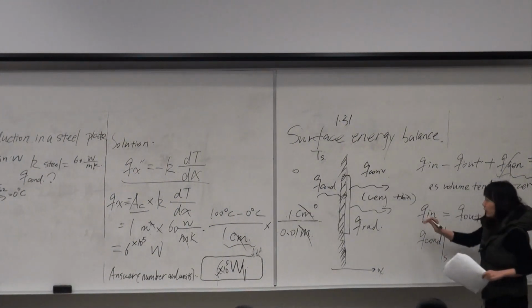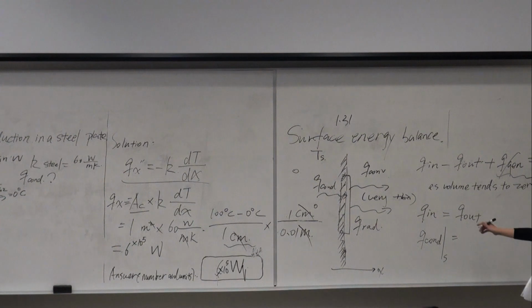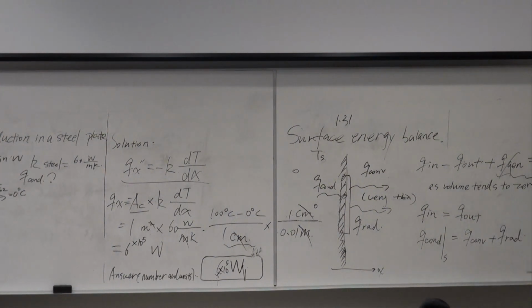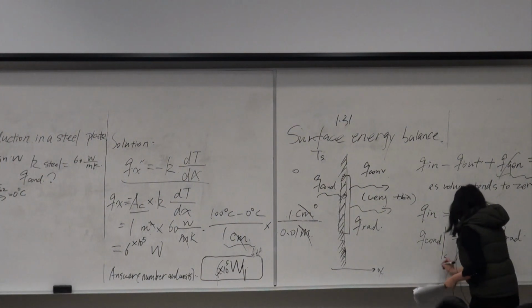And the Q out, the heat exchange with the environment, can be convection, radiation, contact resistance, or some other complex mechanisms. But with this very simple equation, we can connect those complex surface conditions with the conduction flux inside the body.